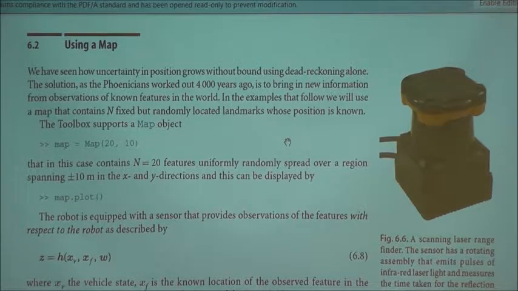As you move and estimate new locations, you put those on the map, and you keep creating a map. Okay. In the examples that follow, we will use a map that contains n fixed but randomly located landmarks whose position is known.